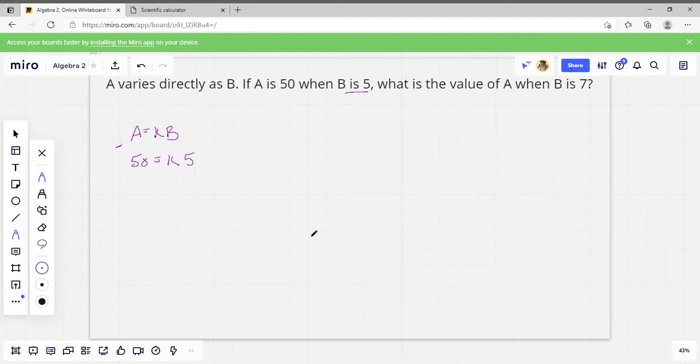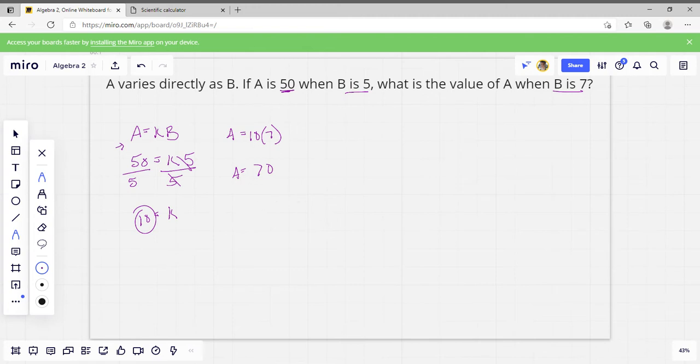We just replace A with 50 and B with 5. Then we divide and we get K equals 10. That's how we've been doing these. If B is 7, we say A equals our K value, 10, times B, which is 7. A would equal 70. Okay, so that's how we've been doing them.